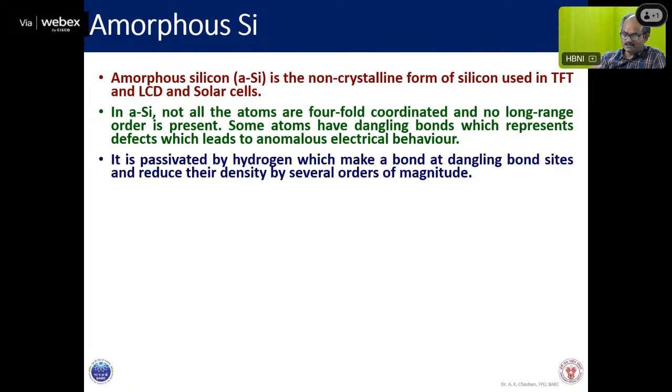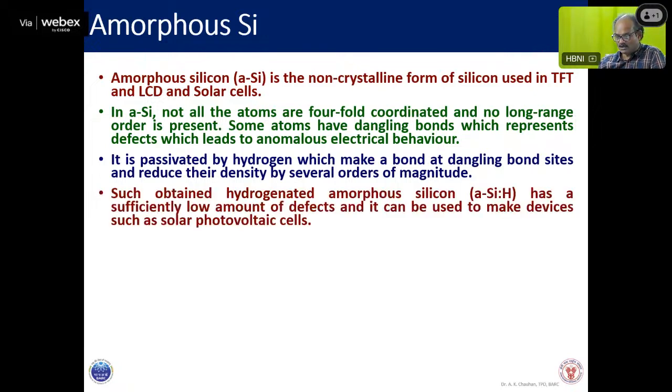These dangling bonds are passivated. It is passivated by hydrogen, which makes a bond at the dangling bond site and reduces their density by several orders of magnitude. So you have more saturated bonds there in that case.